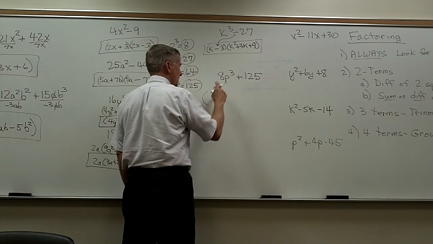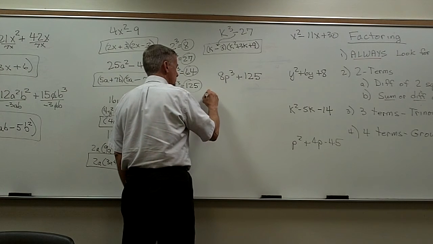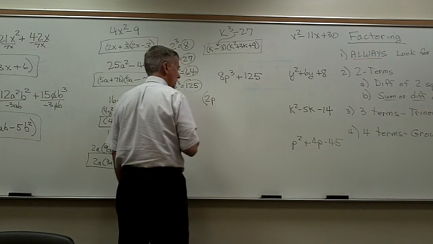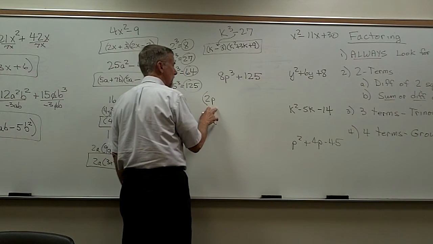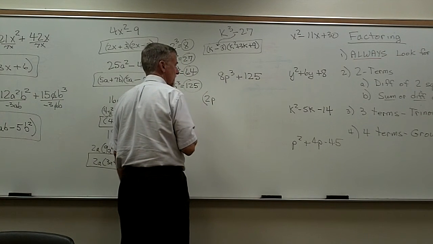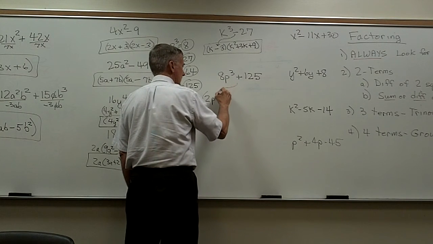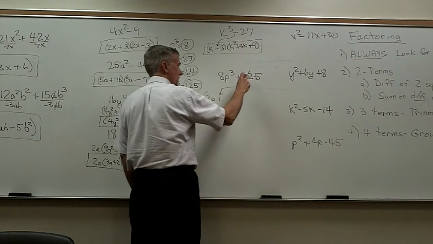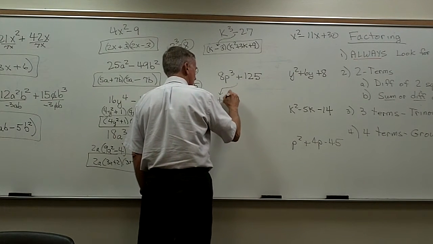So I start with the number I cube to get 8, which is 2. The variable I cube to get p cubed is p. So 2p is what we call the cube root of 8p cubed. Remember, my sign in the binomial will be the same, so that's a plus. And the number I cube to get 125 is 5.